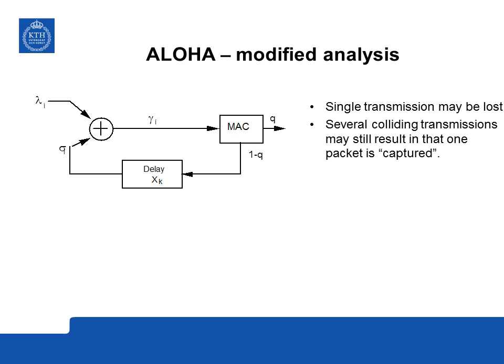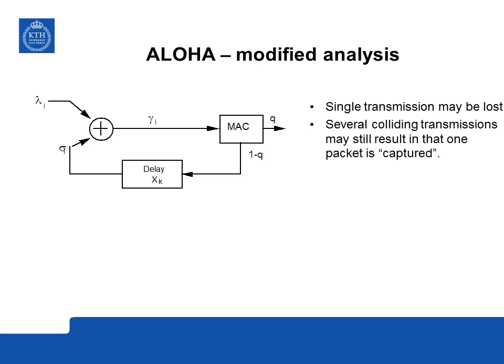So let's review our analysis of the ALOHA system for the infinite user case and see how we can modify it for the case that there is a single transmission that can be lost, and for the other event where several colliding transmissions may still result in that one packet is correctly captured.